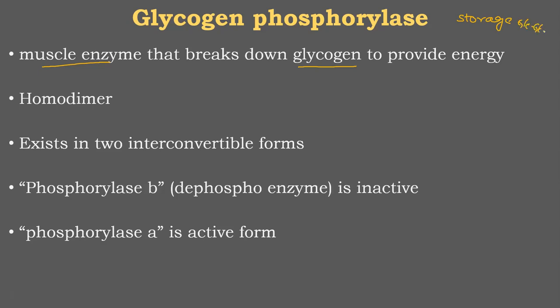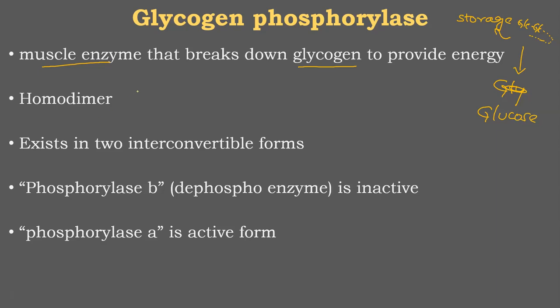Many glucose molecules are joined to form the glycogen. Here, which enzyme? Glycogen phosphorylase enzyme breaks the glycogen. When the glycogen is broken down, the molecule which is formed is nothing but glucose.